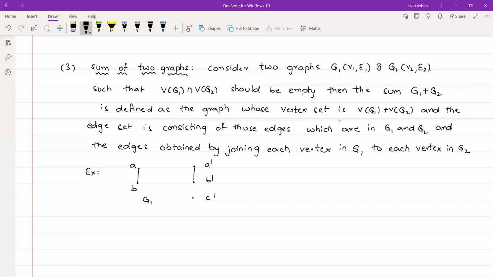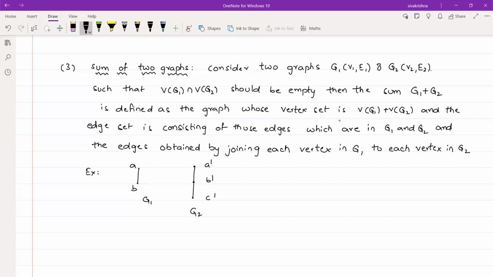In order to define G1 plus G2, the first condition to be satisfied is that there should be no vertex in common in both the graphs. Yes, clearly we do not have any vertex common in both the graphs. In graph 1 we have A and B, in graph 2 we have A dash, B dash and C dash.